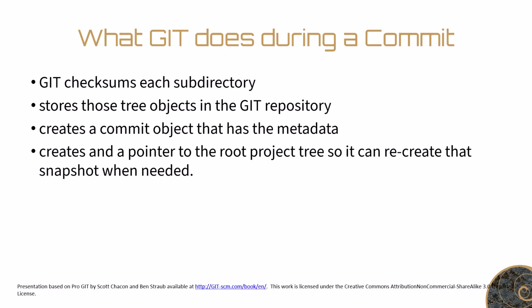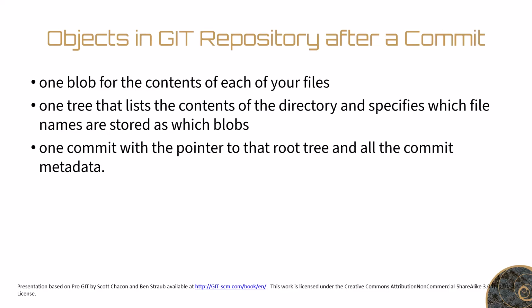During a commit, Git will checksum each subdirectory, store those objects in the repo, and create a commit object in its database that has the metadata, and a pointer to the root project tree so it can recreate that snapshot when needed.